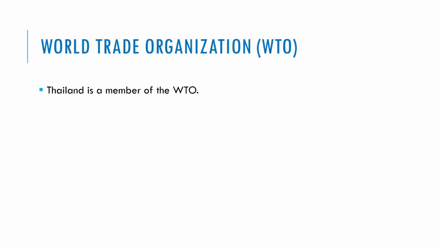Thailand is also a member of the World Trade Organization, which we abbreviate as WTO. Now, we've already said that they're members of trade agreements, but being a member of the World Trade Organization is also very notable because that puts them in the company of 158 other countries. So adding in Thailand, 159 countries in 2023 are members of the World Trade Organization.